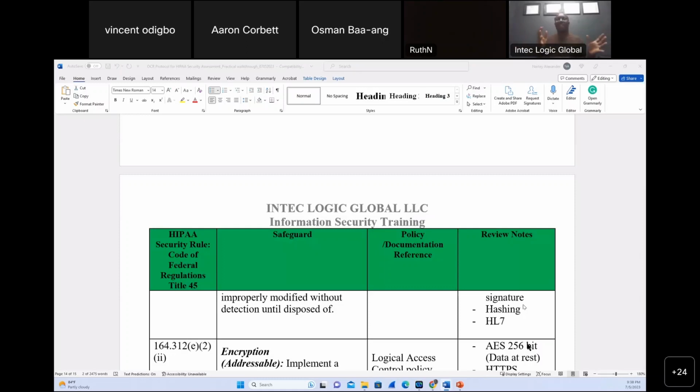So after the HITRUST, then we'll take a look at the HIPAA and HITRUST jobs, right? We'll just Google and see how the jobs look like. So most times, if it's a HIPAA assessment, if you're a HIPAA assessor, they want you to know HITRUST as well, right? So we'll end the HIPAA here today, and I will just pause here.